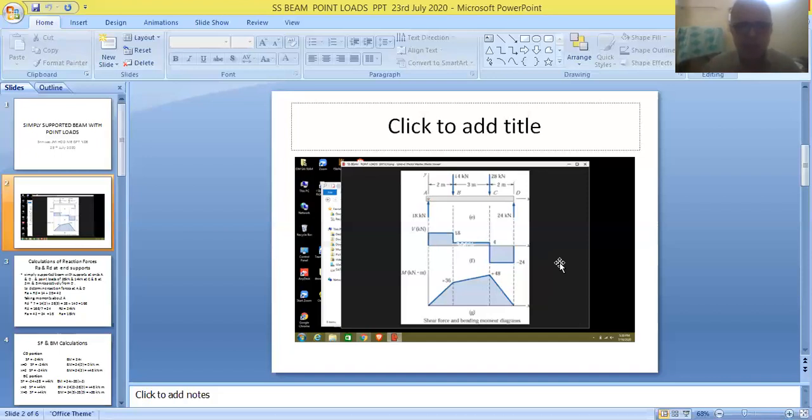moment equations. Now finally, as per the data given in the problem, this beam has to be divided into portions. In some problems it is enough if it is divided into 2 portions, in some cases it has to be divided into 3 portions, but as per the data given in this problem, the beam has to be divided into portions.